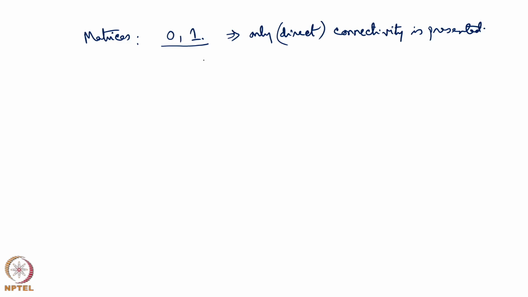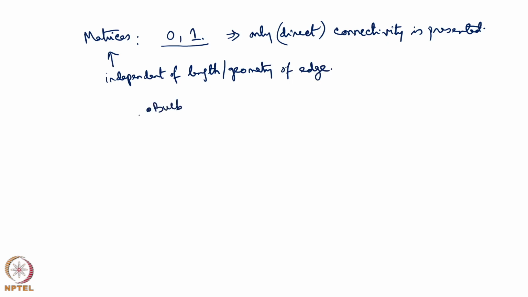And the matrix is independent of the length or geometry of the edge. For example, here is a bulb and here is a plug, and they are connected by a wire.